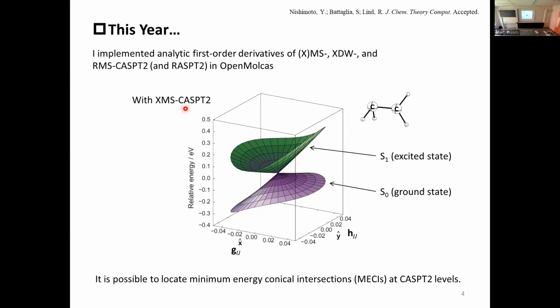For example, this is a result with XMS-CASPT2 for ethylene. And we can identify this kind of cone-shaped potential energy surface.